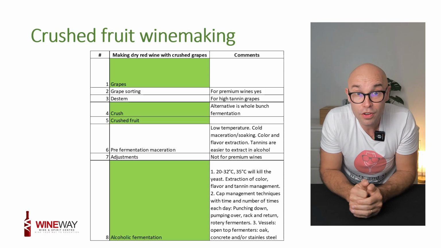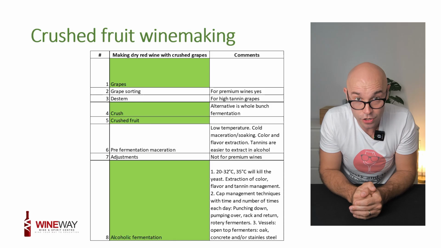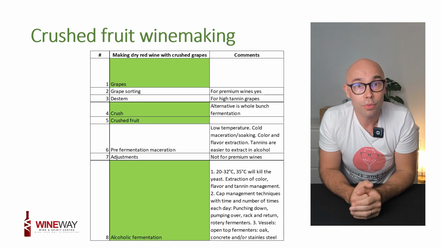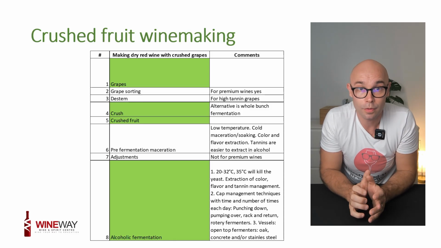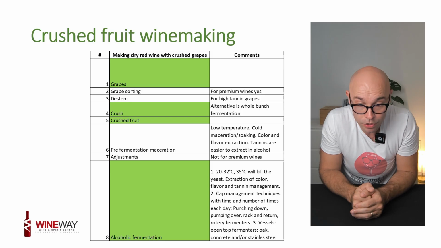Before the fermentation starts, you can do a pre-fermentation maceration, which is an important step for premium red winemaking. The pre-fermentation maceration is going to be done at low temperatures.